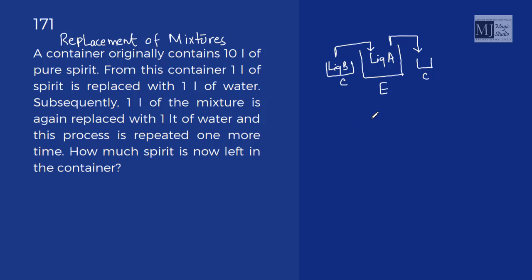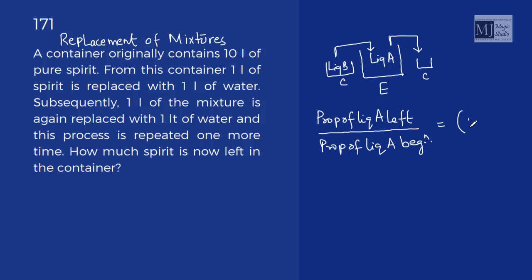Then what will happen after n times we have done this? We can use a simple formula to solve these kinds of questions. Proportion of liquid A left by proportion of liquid A in the beginning equals (1 minus C by E) to the power n.